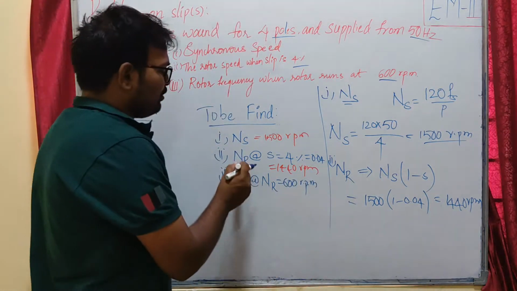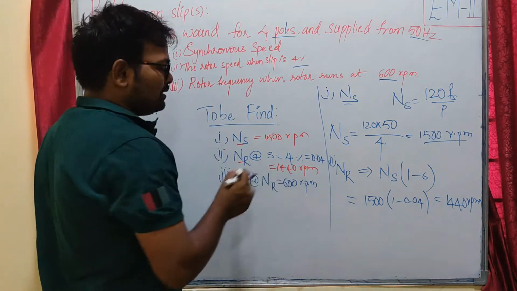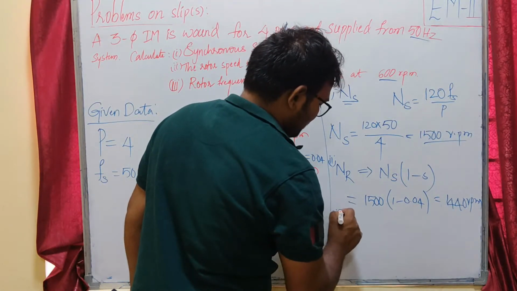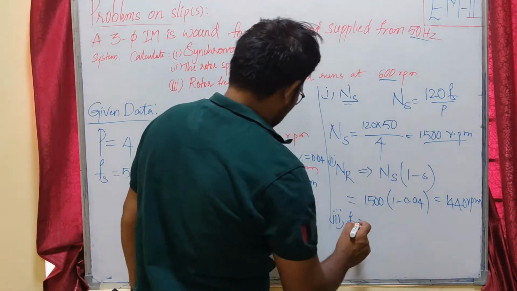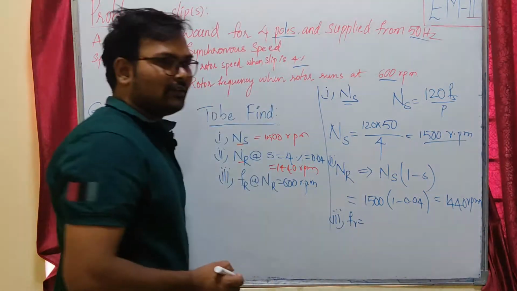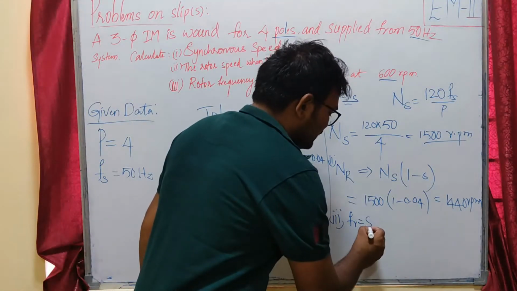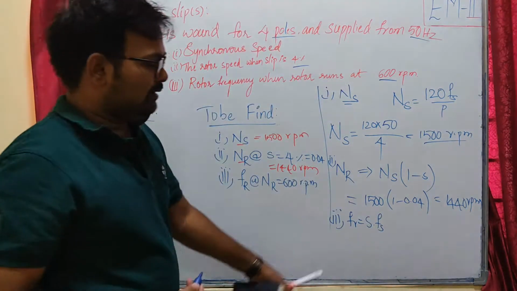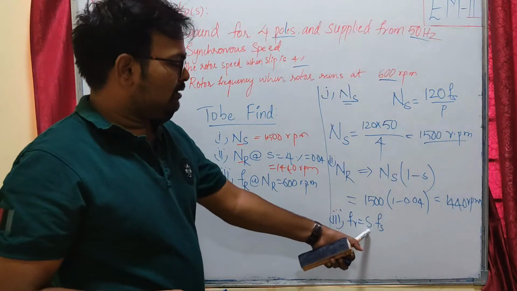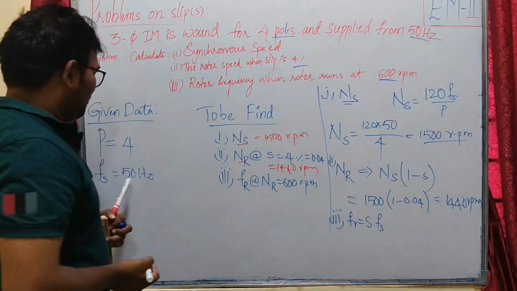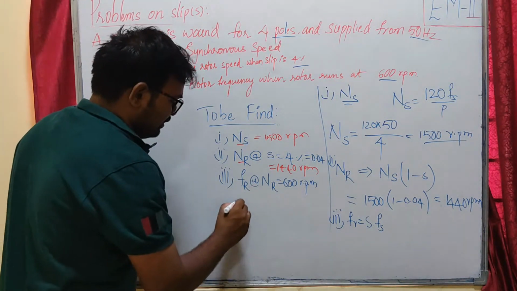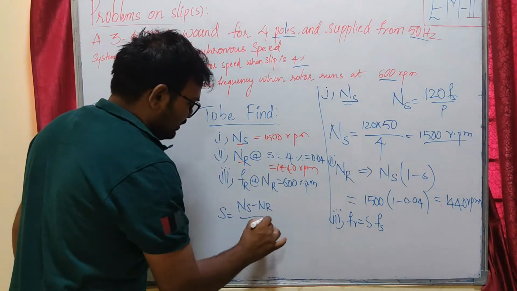Here you can see our rotor speed is less than synchronous speed by the slip speed. The third one is the rotor frequency when the rotor speed is 600 rpm. Under running condition the rotor frequency is S times supply frequency. We already have the supply frequency, but we need the slip. Slip is synchronous speed minus rotor speed divided by synchronous speed.